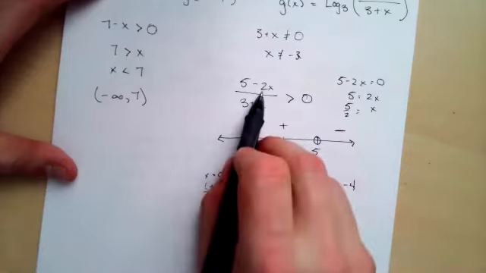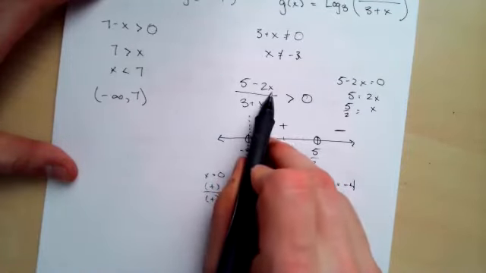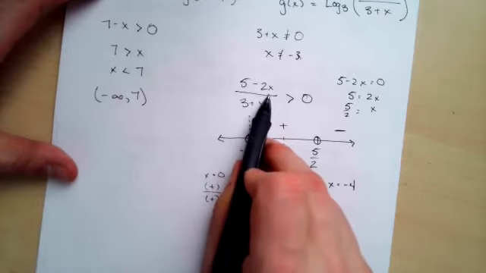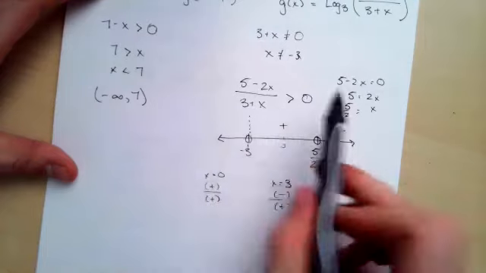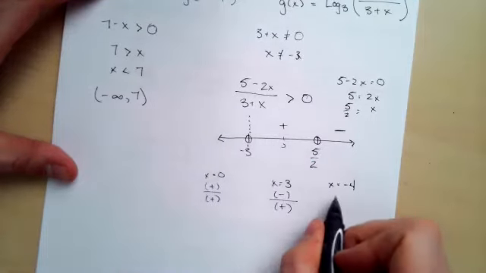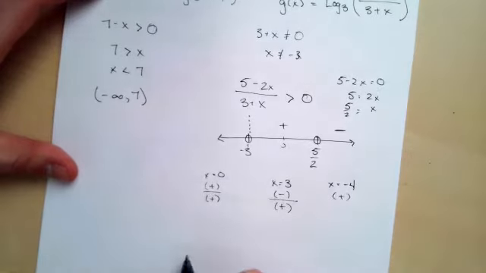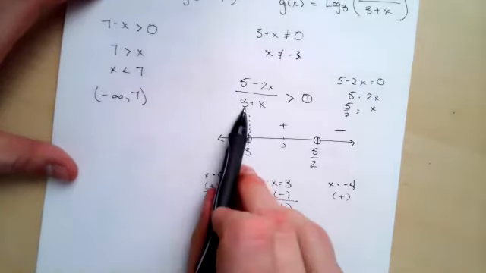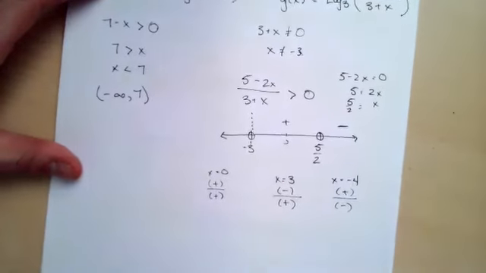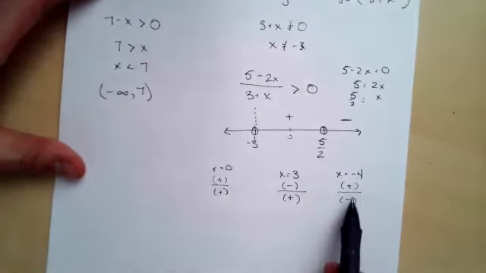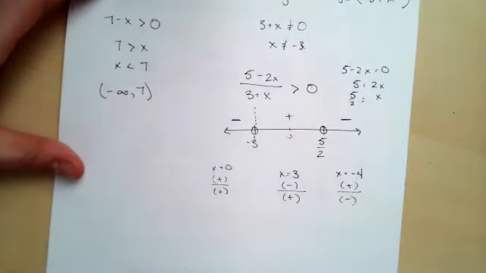We plug that in. Now it's 5 minus 2 times negative 4, minus negative 8 is plus 8. So it'll be a positive in the numerator. But with a negative 4, we will have a 3 minus 4, so negative in the denominator. Overall, we've got a positive divided by a negative, which gives us a negative.